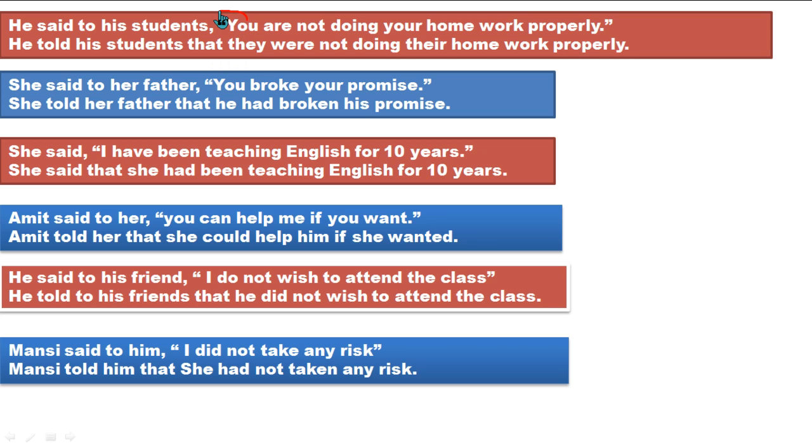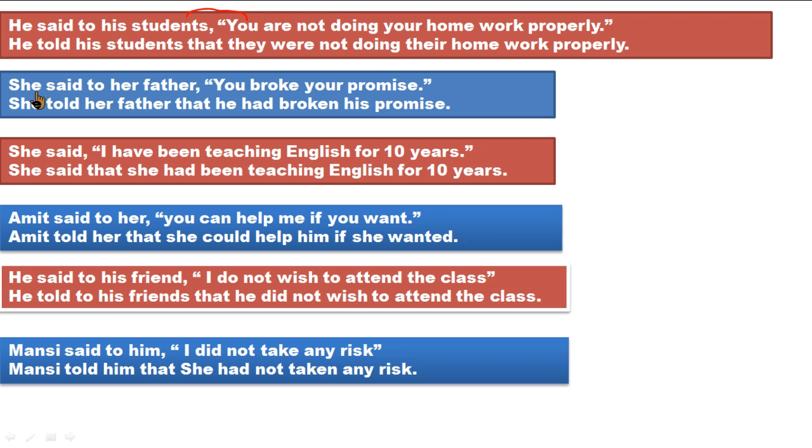Second person is changed according to object. Object is students, so we wrote they. We wrote were because are becomes were. Not doing. Your is the second person, changed according to object students, so we wrote their homework properly.